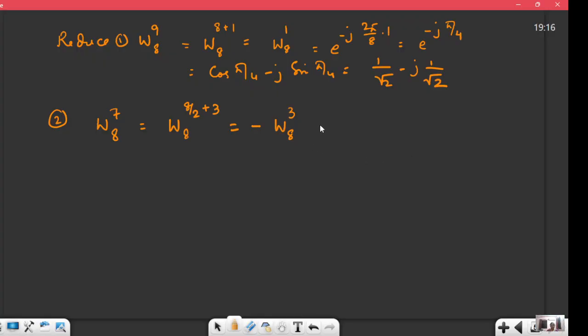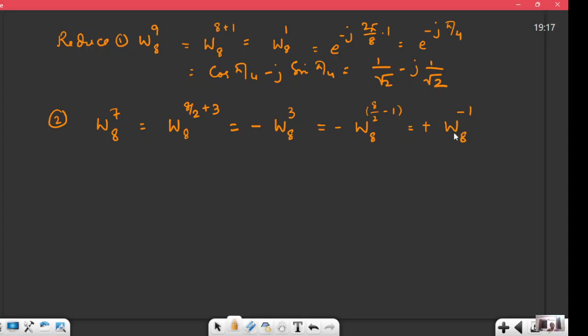Another also we can apply: 3 can be written as 4 minus 1, so 8 by 2 minus 1. So it is written as minus of W8 minus 1, and it was already minus. If you apply the two symmetry properties, it will be plus.